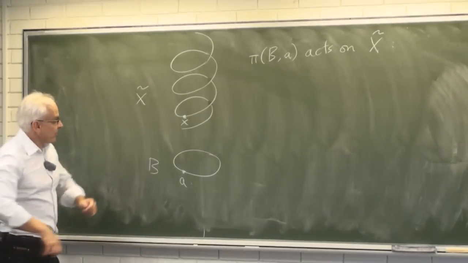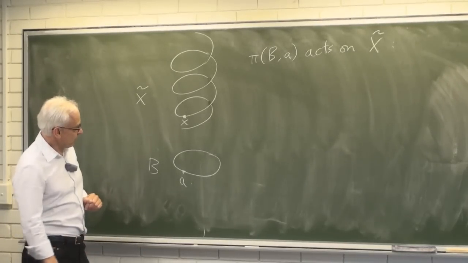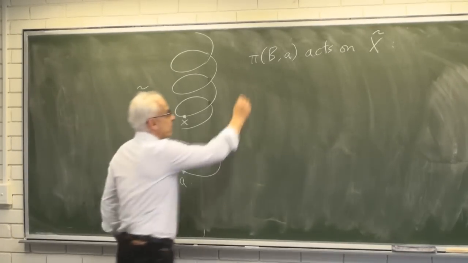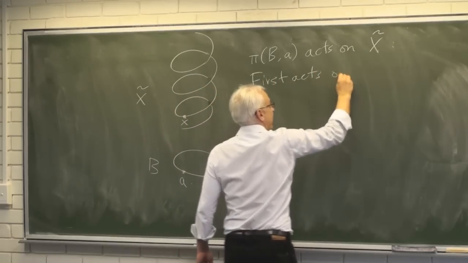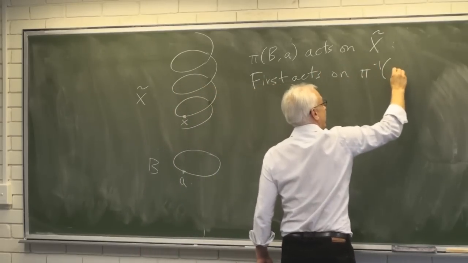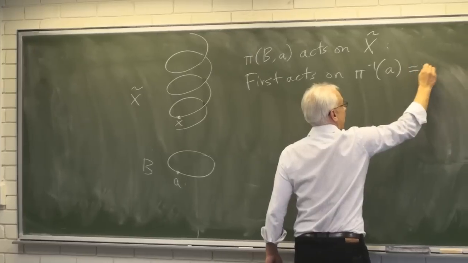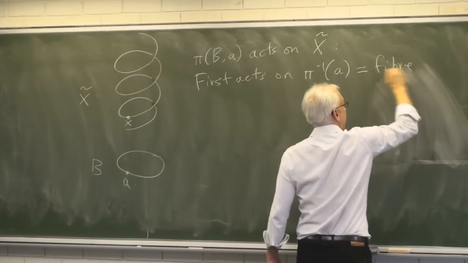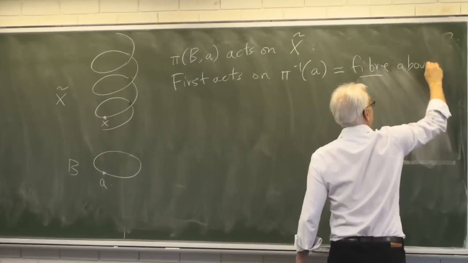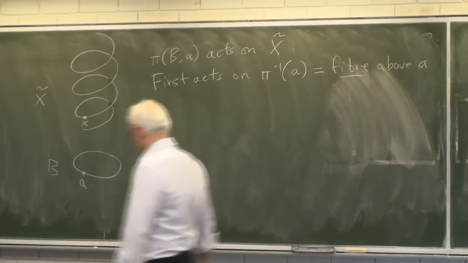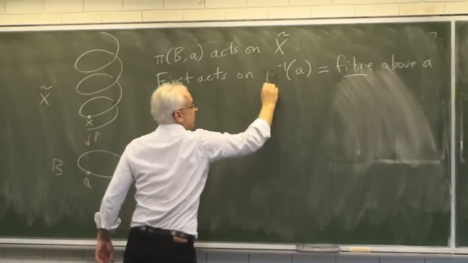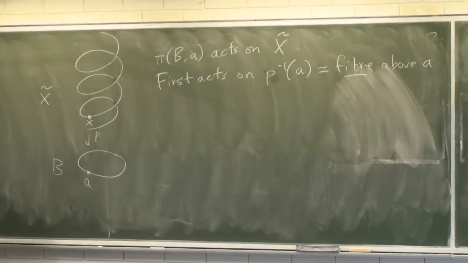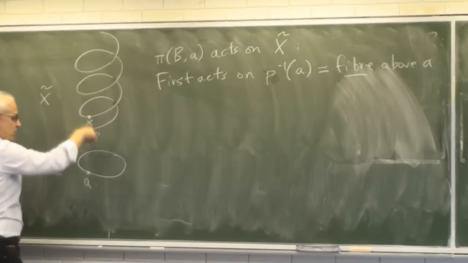And to describe this, let's have a look at, first of all, how it acts on the fiber. So first it acts on p inverse of A, which is sometimes called the fiber above the point A. There's the projection p.